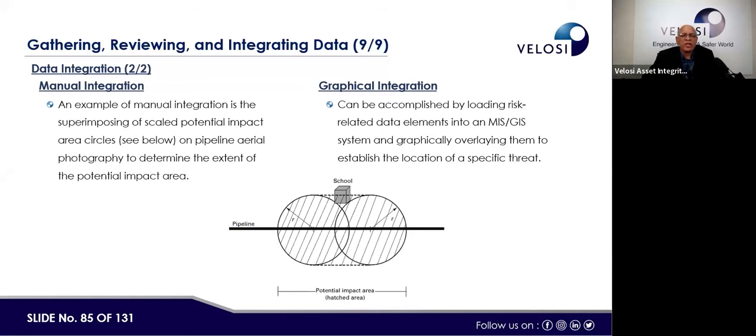If we see the pipeline passing by a certain area, and any high consequence related population or school or hospital or any mall is coming nearby the pipeline, that can be seen in a graphical form, as you can see here. And then there could be an action required, either movement of the school which is coming in that facility afterwards, or the pipeline, if that is coming afterwards, should be moved away.